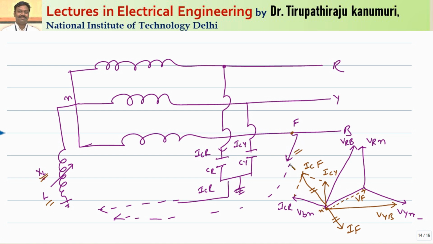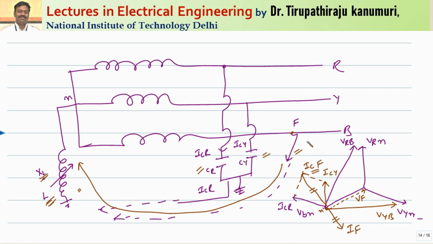Even if the fault is connected to ground, this fault current IF cannot pass through this reactor, because the value of the reactor is tuned with the value of the capacitor. Actually, this reactor forms a tuning circuit or a parallel resonant circuit with the combination of these capacitors. Two capacitors are there. The net sum will be ICF, which will form resonance with the current passing through this reactor. So automatically your fault current becomes equal to 0.